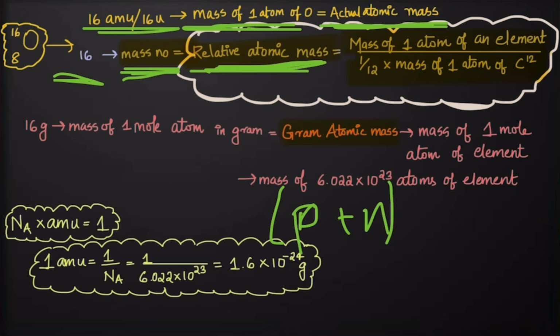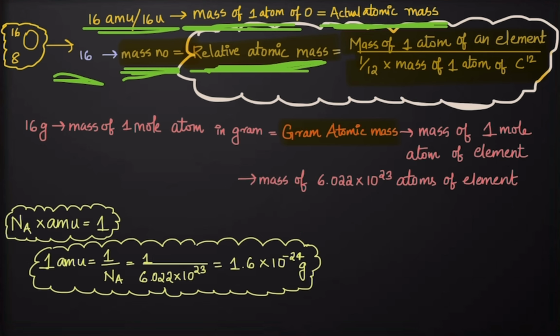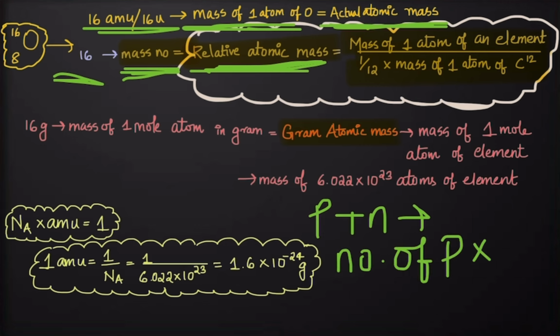Mass of proton plus mass of neutron means number of protons into mass of one proton.